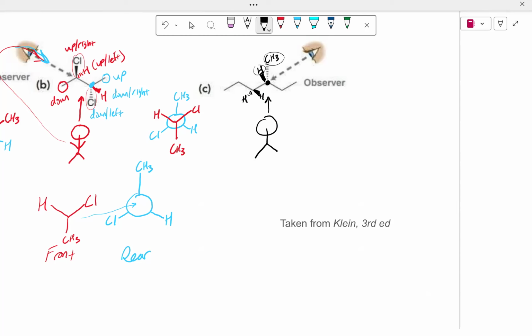So if you walk around, now you're still going to see that front carbon with those two groups going up, but this dashed one would be up and to the left, I'm sorry, to your right. And this hydrogen would be up and to the left. So really the same direction, but the right hand and left hand flip. That's all that is different if you're observing from the other direction.